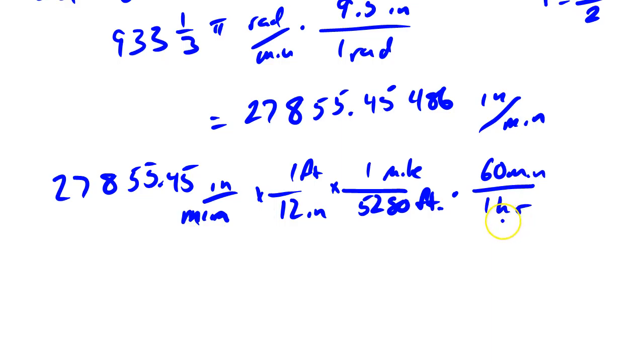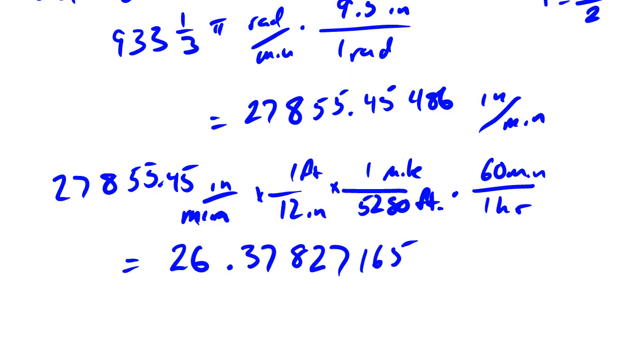So I take that answer, divide it by 12, divide that by 5,280, and multiply the result by 60, and that should be in miles per hour. On my calculator, I type that in and I end up with 26.378, whatever. This is now in miles per hour.